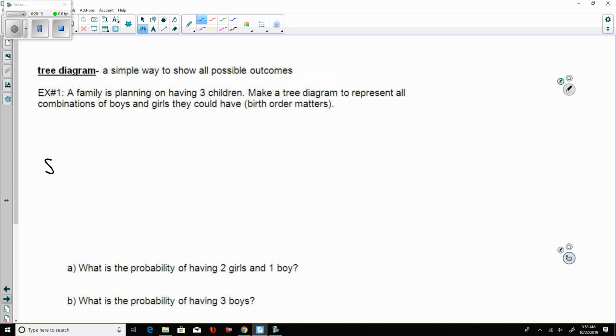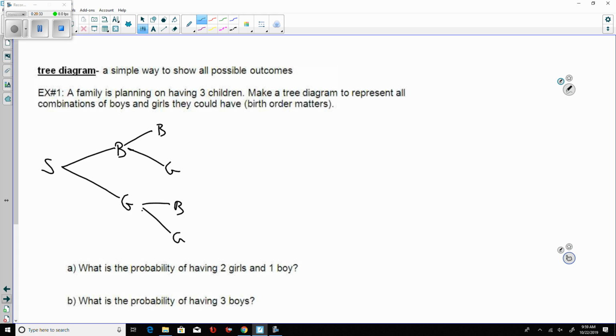So I start over here. You can watch first and then try to squeeze it in. A tree diagram, you can do it from the top down if you want. I just find it easier to go across. So my starting point is with 0 children. Then I have 1 child: a boy or a girl. Now my second child, boy, girl, boy, girl.